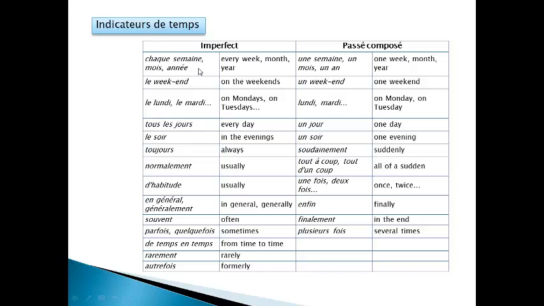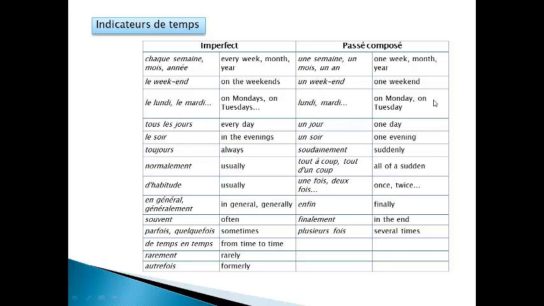Chaque semaine, chaque mois, chaque année, le week-end, le lundi, le mardi, tous les jours, le soir, toujours, normalement, d'habitude, en général, généralement, souvent, parfois, quelquefois, de temps en temps, rarement, autrefois. So you see, all that are more like repetitive things in the past.